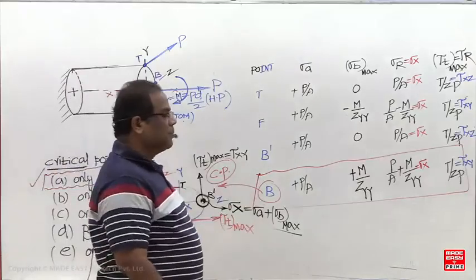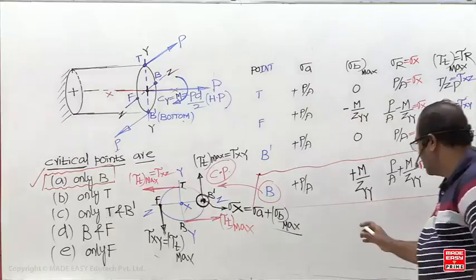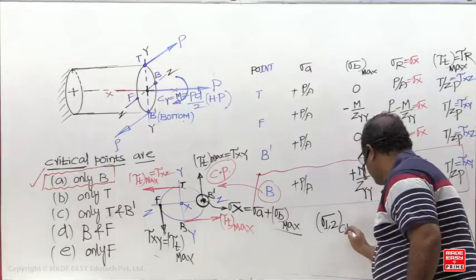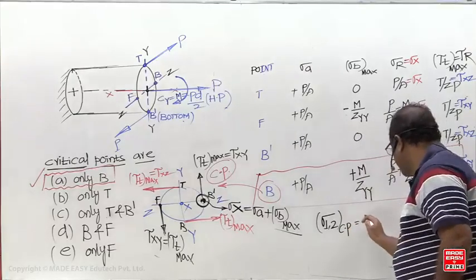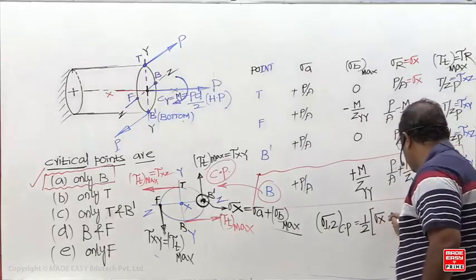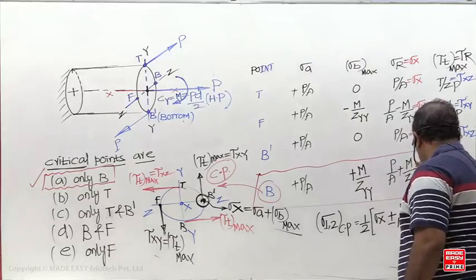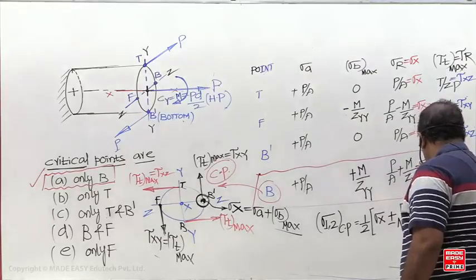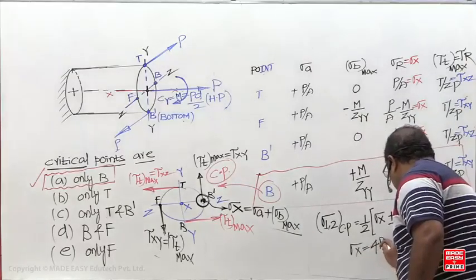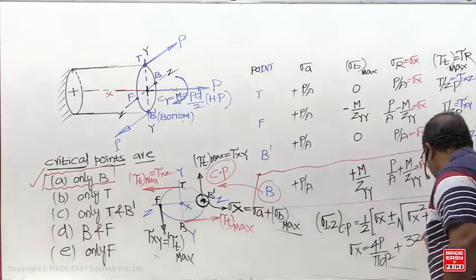So now can you find out the principal stress? How to find out the principal stress? By default you have to calculate at the critical point. It is 1/2 of sigma x plus or minus... But what is the sigma x value now? 4P by pi d square, plus 32 M by pi d cubed. What is the bending moment value?